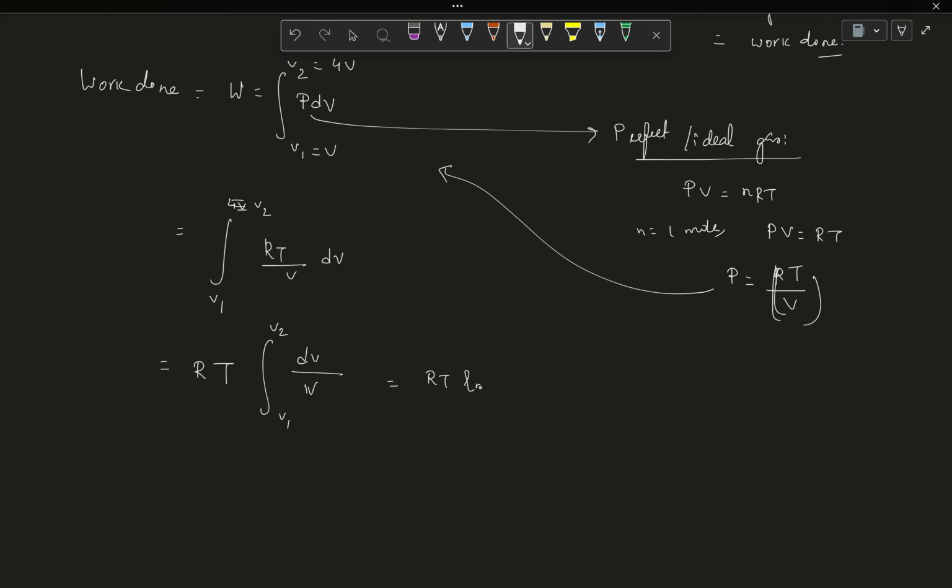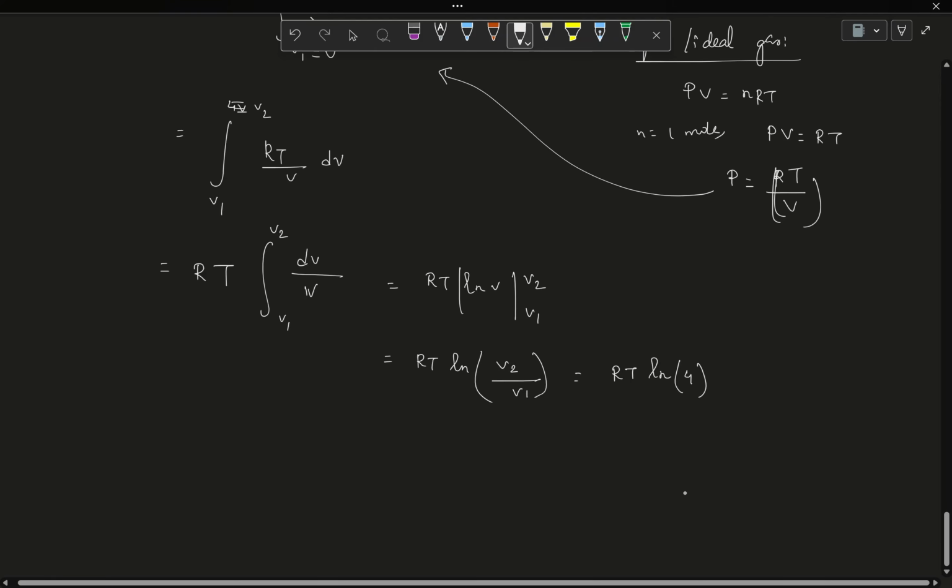If you integrate this, it will be ln V from V1 to V2, which equals RT ln of V2 by V1. And the ratio of the final volume to initial volume is 4, because it is expanded to 4 times the initial volume. So this is simply RT ln 4.